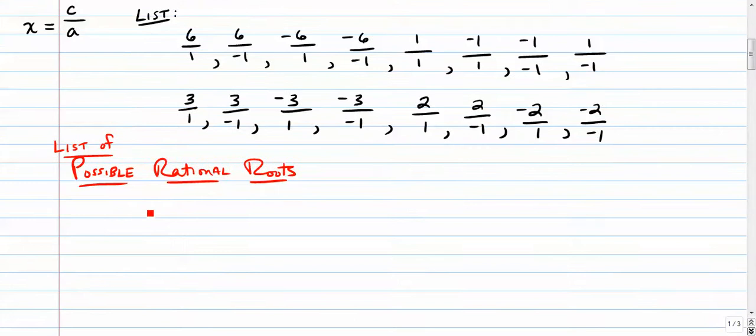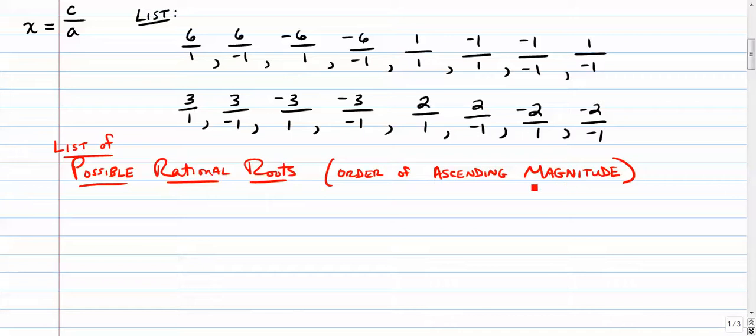We're going to put these in order of ascending or increasing magnitude. Magnitude meaning size. Neglecting the positive or negative, just write them in order of ascending magnitude. Alright, so here we go. We have 1, 2, 3, 4, 5, 6. Well, first of all, let's get rid of the redundancies. So we want to get rid of this guy. He doesn't belong.